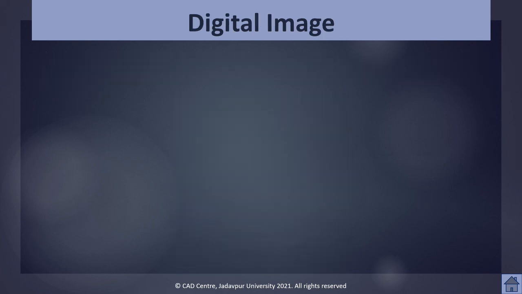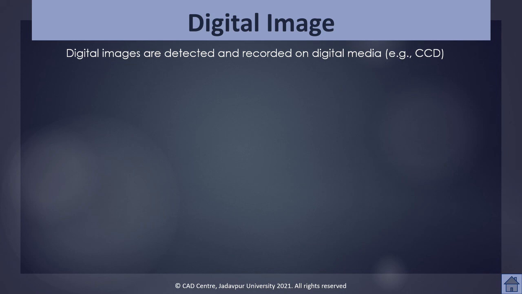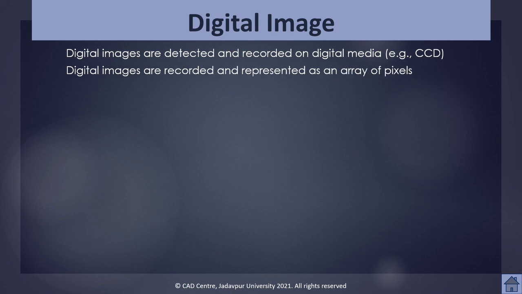Now, in case of a digital image, as we have discussed already, digital images are detected and recorded on digital media, for example, charge coupled devices. And digital images are recorded and represented as an array of pixels. So, digital images are basically a two-dimensional matrix of pixels.